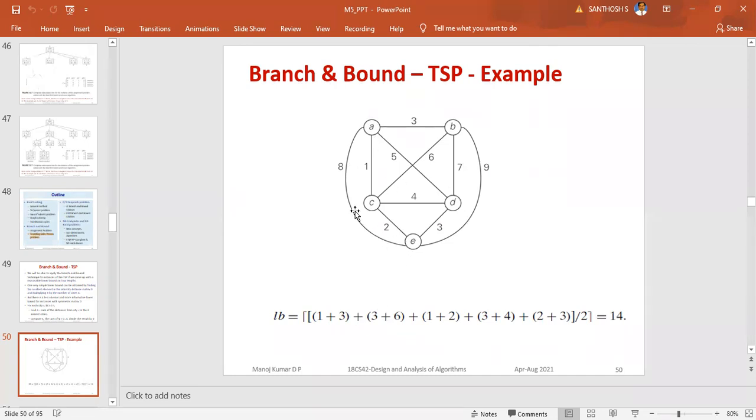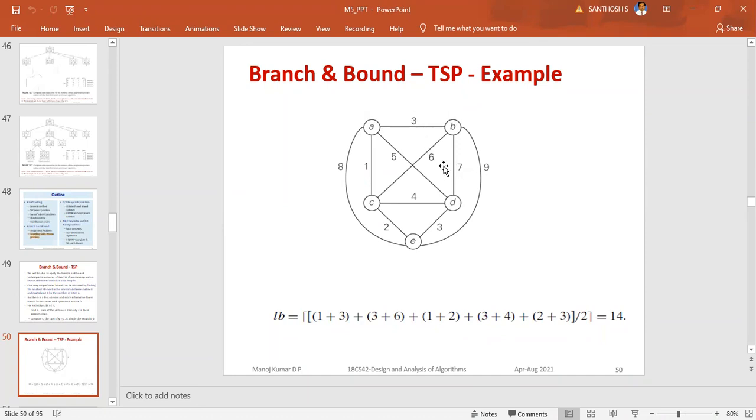In that, which is the lesser one for A? You have to take the two nearby. A to C is 1, A to B is 3. So 1 plus 3 we will be taking here. Now you come to the B part. B's distances are 3, 6, 7, 9.